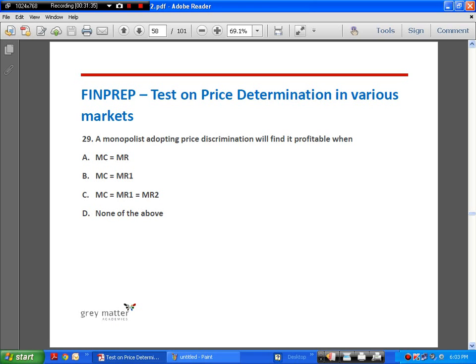Therefore, the marginal cost should be equal to the marginal revenue in sub-market 1 and the marginal revenue in sub-market 2. Therefore, the right answer is option C, MC equal to MR1, and that is equal to MR2.